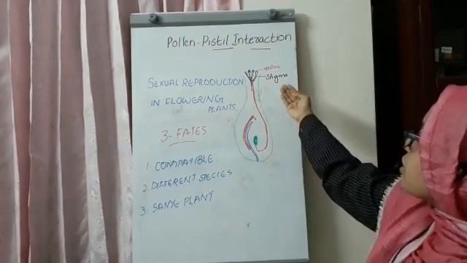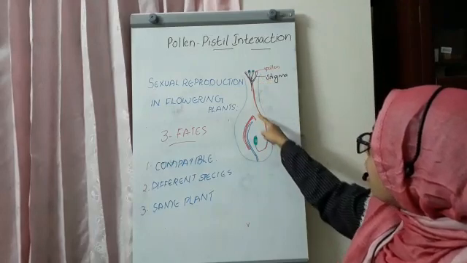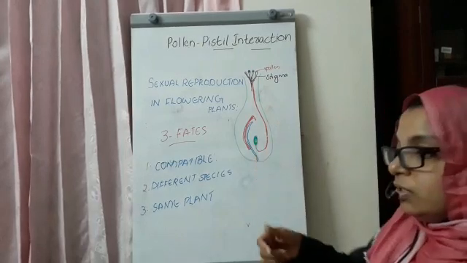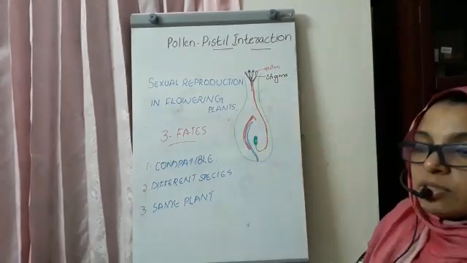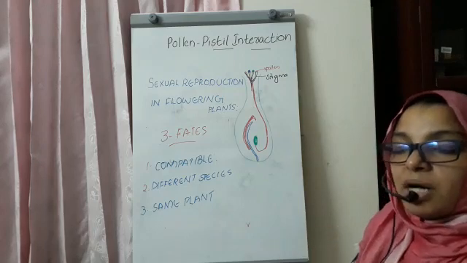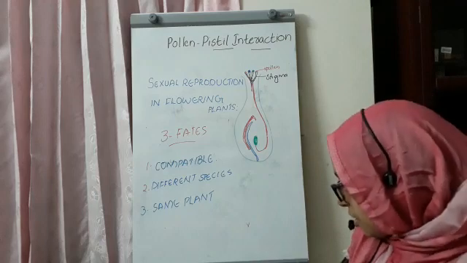So from the deposition of the pollen onto the stigma until the entry of the pollen tube into the ovule, these interactions may occur. Until this step is what comes under pollen pistil interaction.